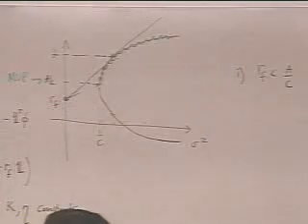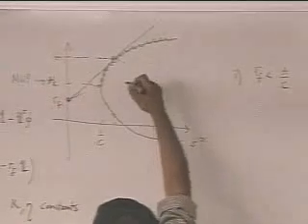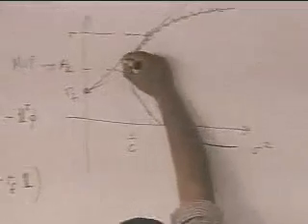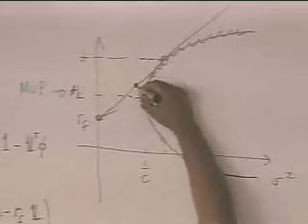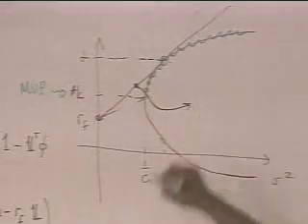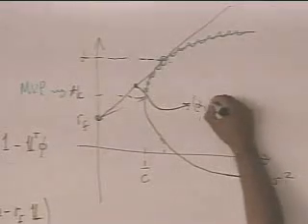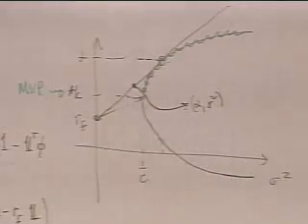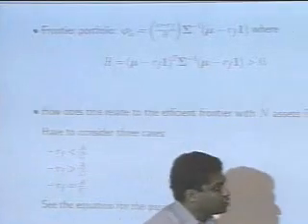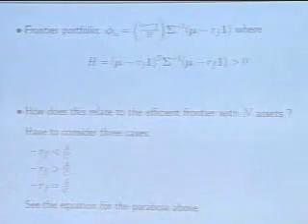Okay. So now let's try to get an idea of what this point means. What are you doing in order to achieve that point? Some value of alpha and sigma squared. How is that point being created? Yep, it's a linear combination of the risk-free and which portfolio?